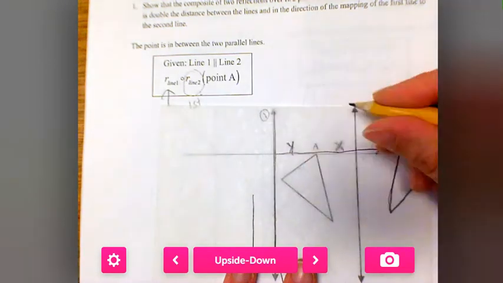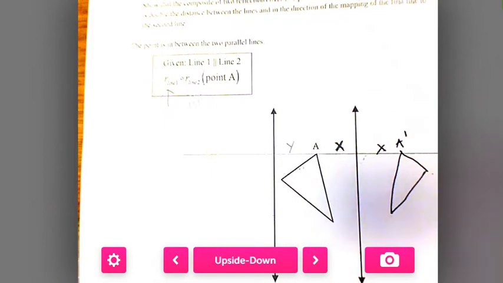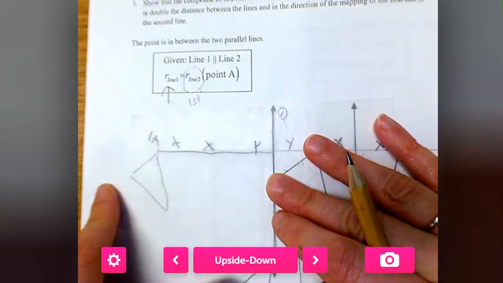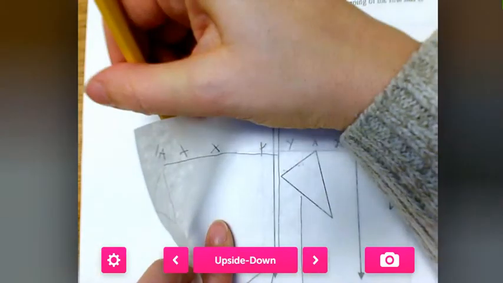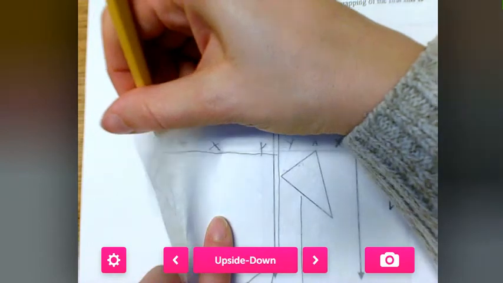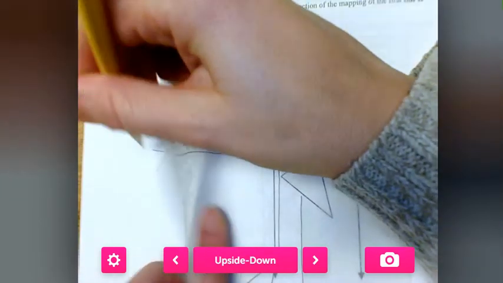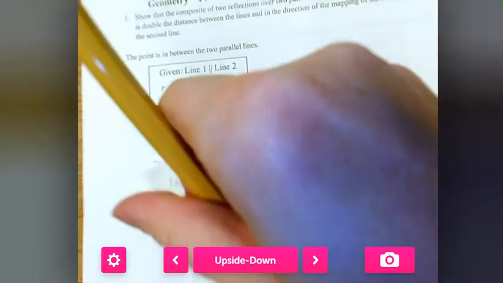I've got Y, X, X. So I'm going to pick up my patty paper, put it right on top, and draw this all the way over here. So I've got A double prime. It's going to be this triangle right here. And I've got the X and the X and the Y.